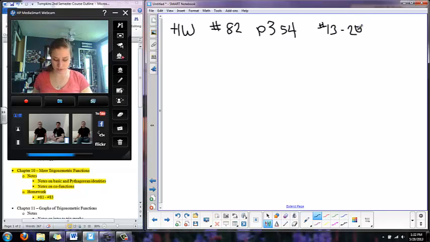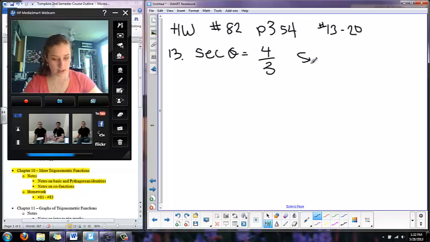Okay, so you have that page open already, and this time, number 13, it's a very similar question to what we just did, except this time it tells us that secant theta is 4/3, and sine theta is greater than 0.